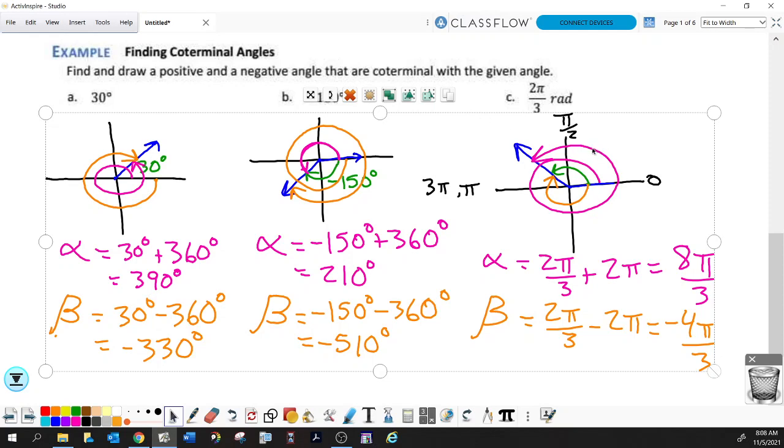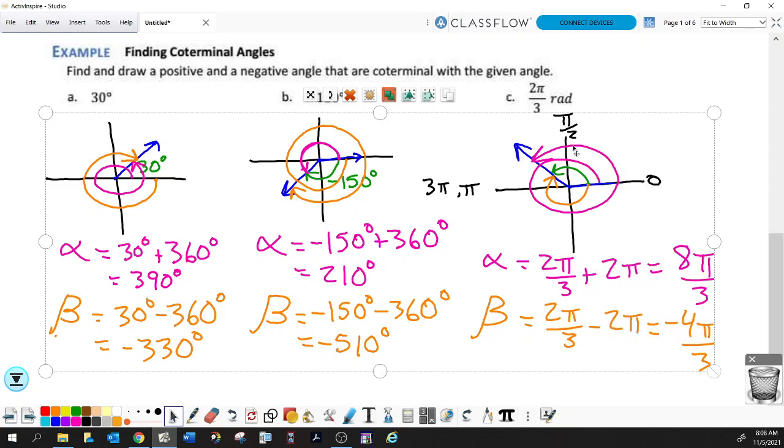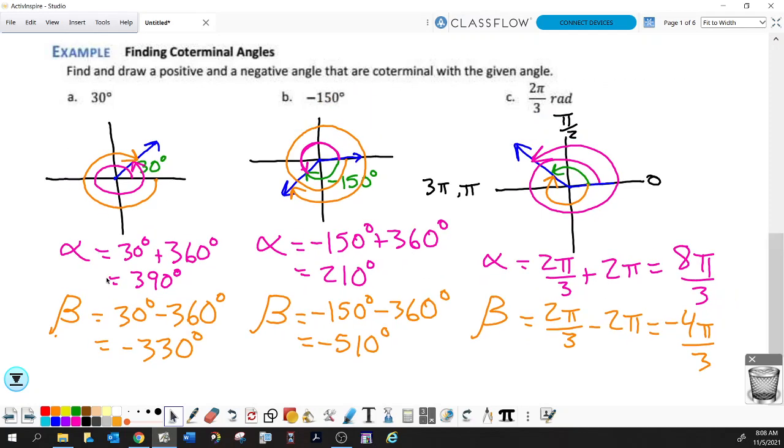Let's see. This is a grouped image for some reason. How do I ungroup it? That's not working. Why is it doing that? Trying to ungroup it. Ooh, there's a lot of grouping here. Ha! Okay.